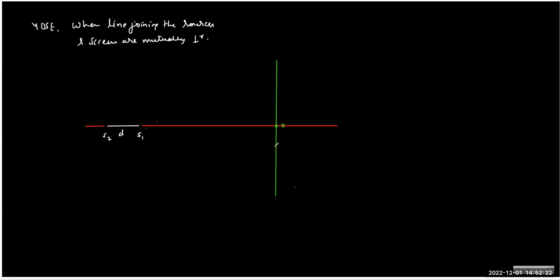If the light travels from S1 to O and S2 to O, what will be the path difference? Sir, would it be D minus D by 2? I mean, path difference. Sir, it would be only D. It is? Sir, D with respect to O, right, sir? Yeah, it's D only, right? Yes, sir. It is simply D. Okay.